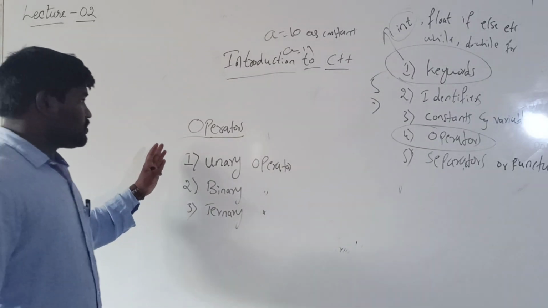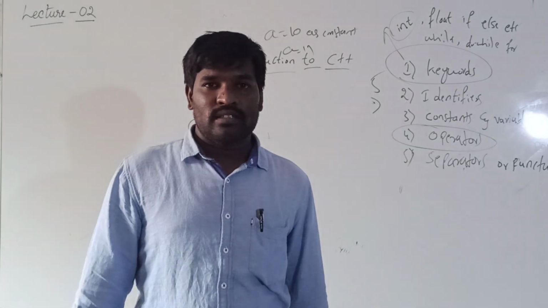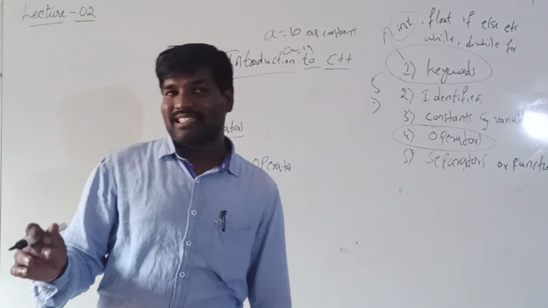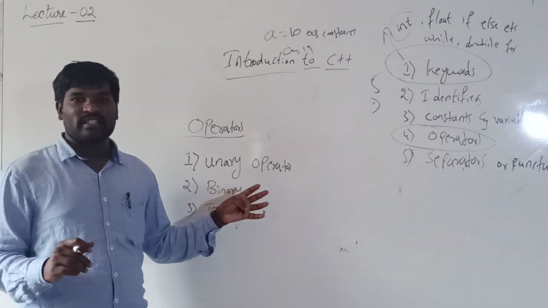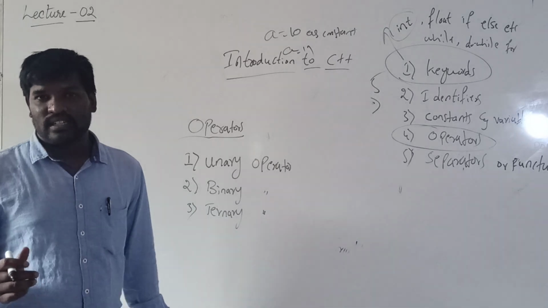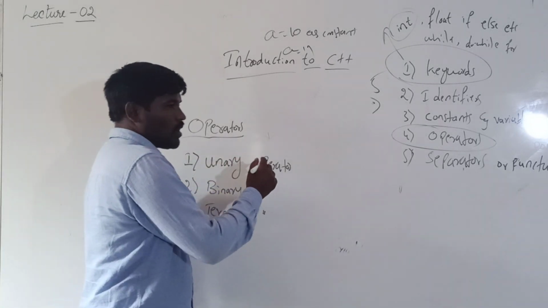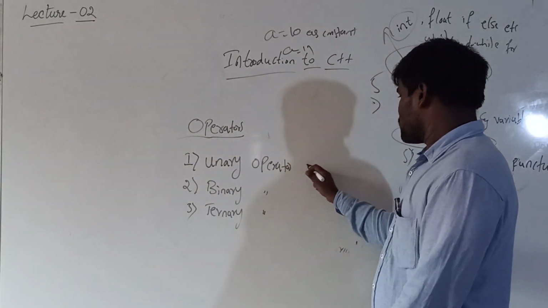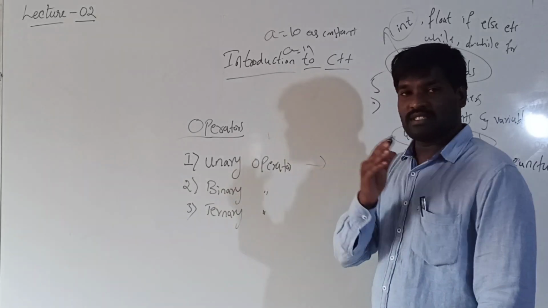Based on the operands, the entire operators are classified into three types. Unary operator means only one operand, binary means minimum two, ternary means three.